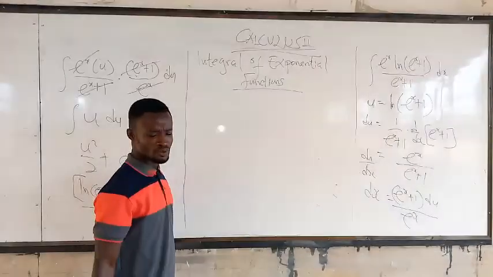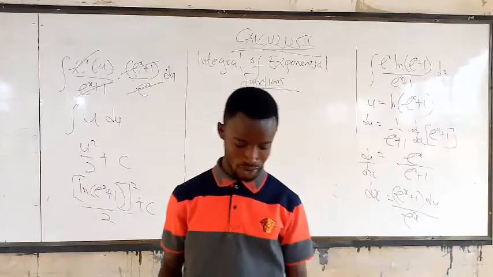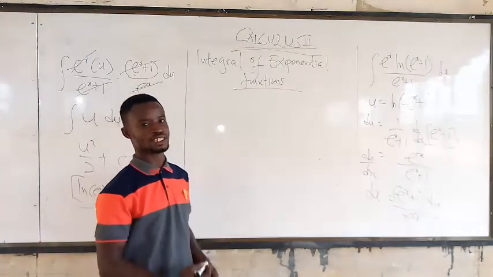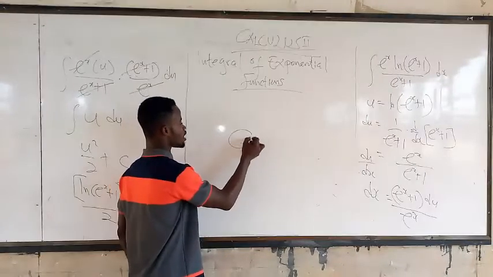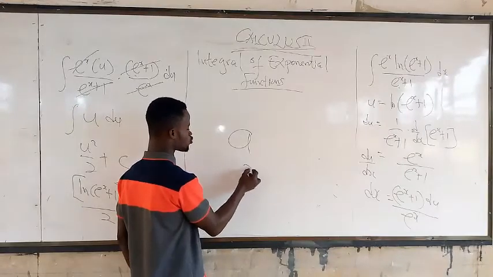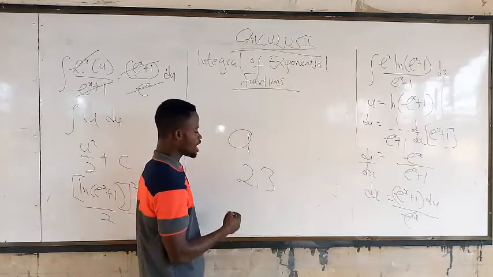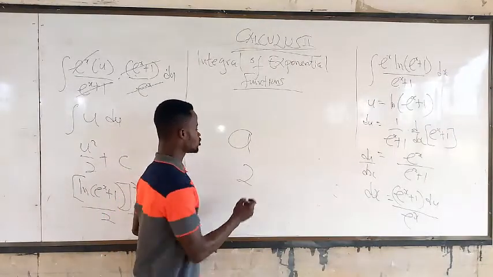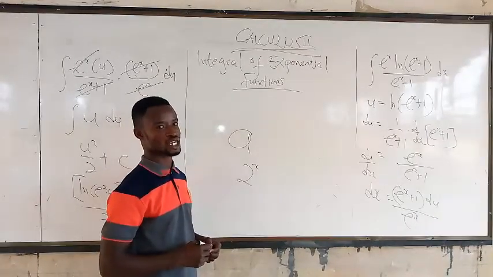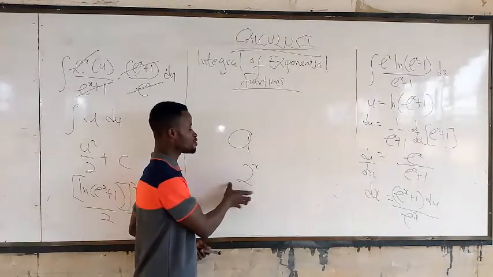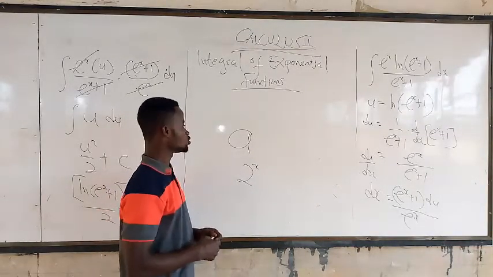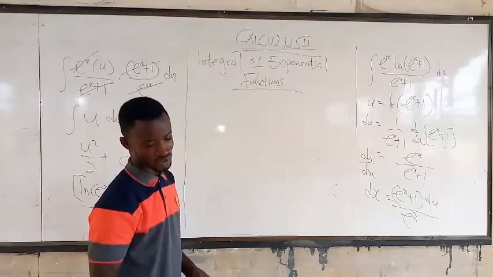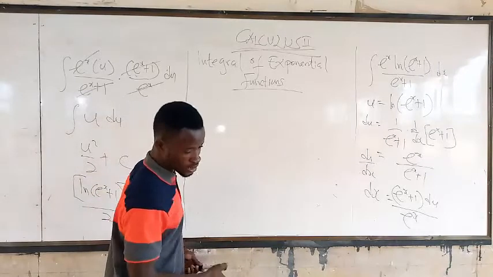Then we have to also learn how, like we did in differentiation, to take the derivative of what? A constant. This can be 2, 3, or whatever. And in case we have, let's say 2, and we introduce a function here, or a variable here, it makes everything what? A function.